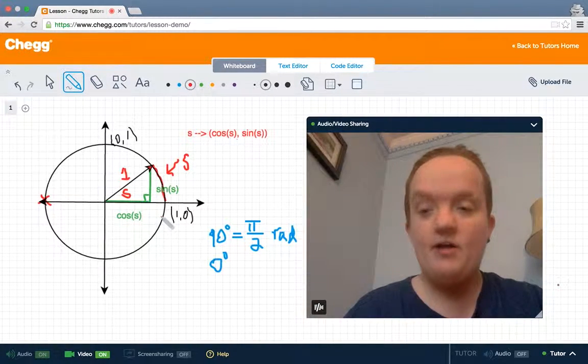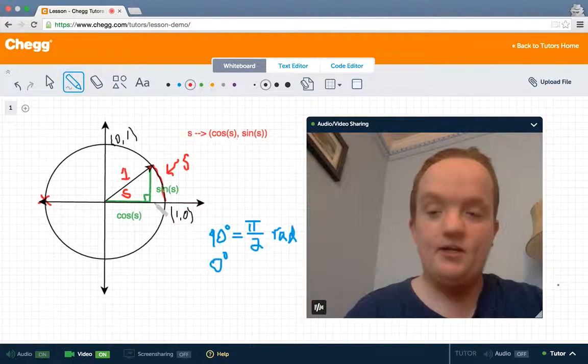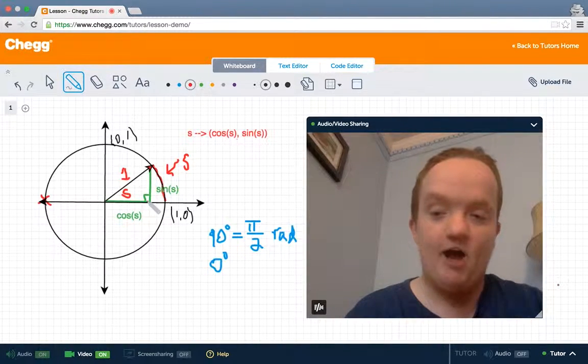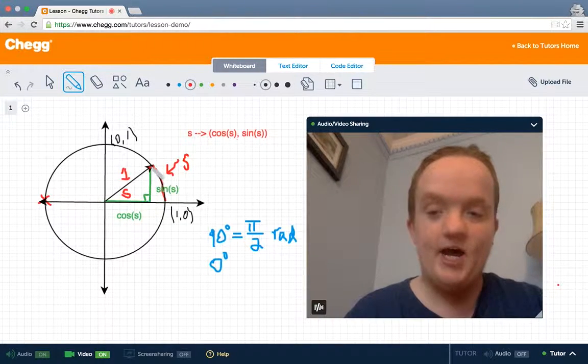Now the way we do that is by noticing that for any number less than 90 degrees, any radians less than pi over 2, we can draw this picture like we just derived, where the cosine of the number between 0 and pi over 2 is the x-coordinate on the unit circle, and the sine is the y-coordinate.